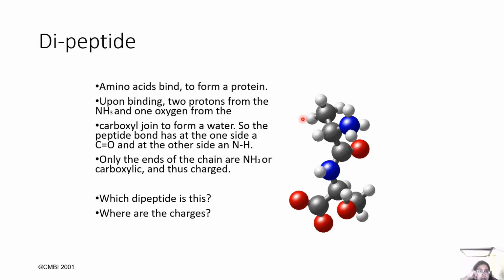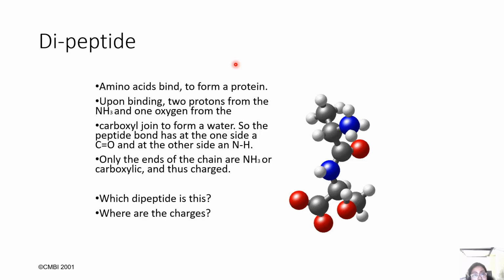If we talk about the dipeptide, two amino acids can bind together to form the dipeptide with the release of one H2O. Upon binding, two protons from the NH group and one oxygen from the carboxyl group join to form water.